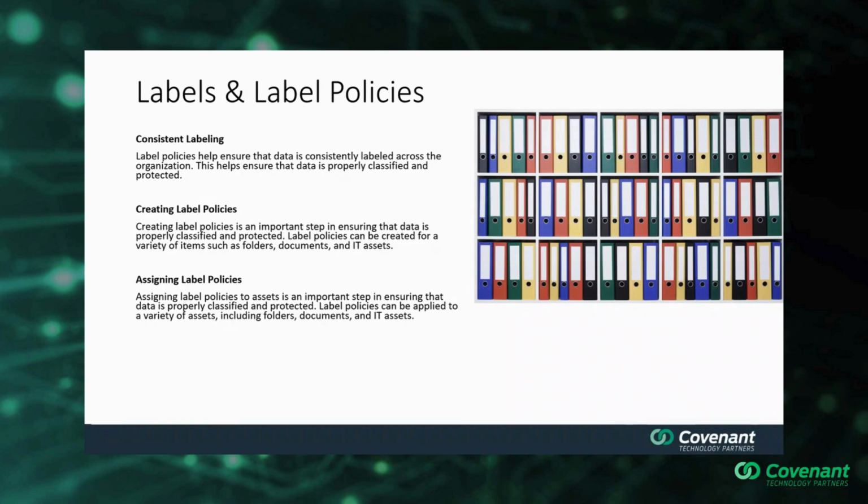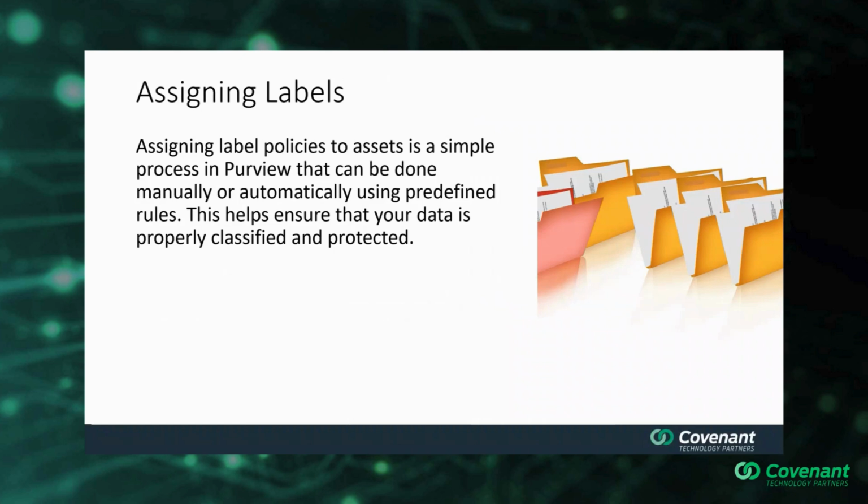The next challenge would be assigning the label policies, which you could do either manually or by using rules to automatically assign labels based off of discovered sensitive information types.